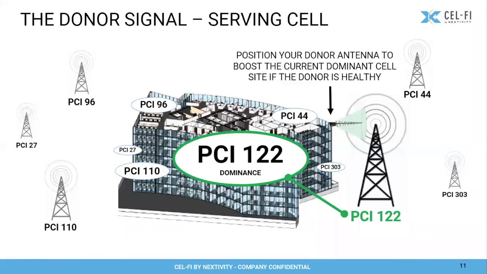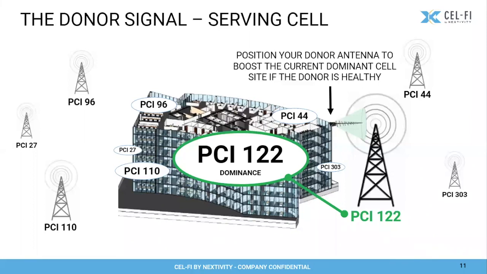If you do have dominance from a particular cell site, then it's best if you can relay that same cell site. That way the signals reaching the handset just look like a multipath coming in from that same cell, and you aren't creating additional overhead because you're not introducing handoff.